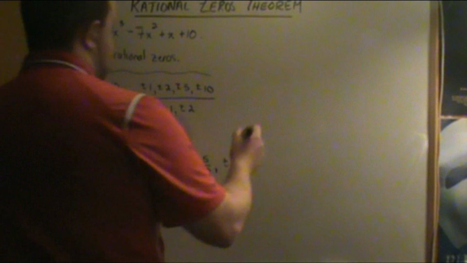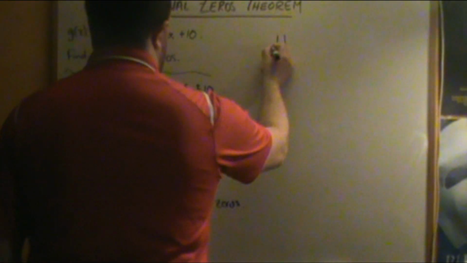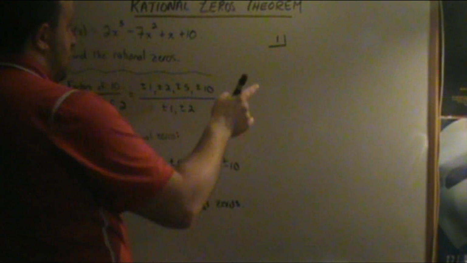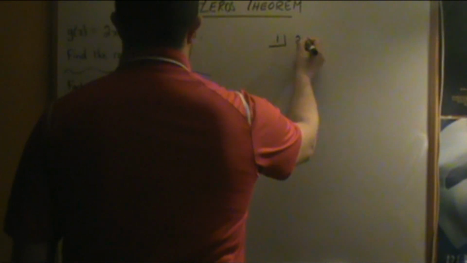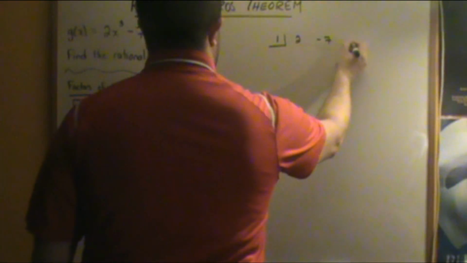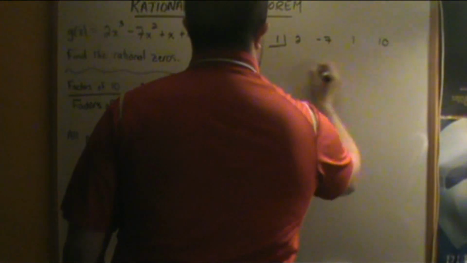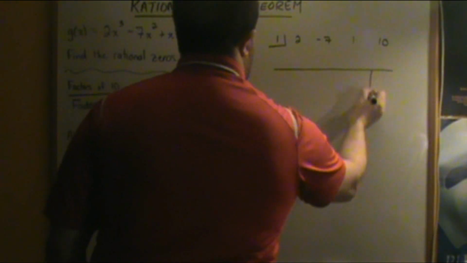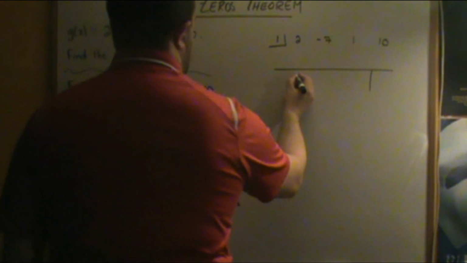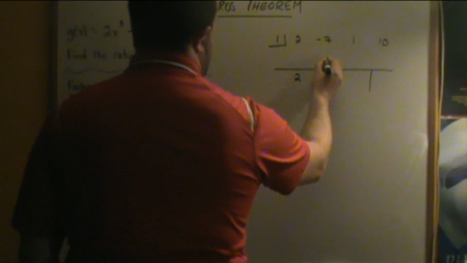Alright, so if we say a 0 is possibly 1, we'll do synthetic substitution and hope to get a remainder of 0. 2, negative 7, 1, 10. Bring the 2 down. 1 times 2 is 2.